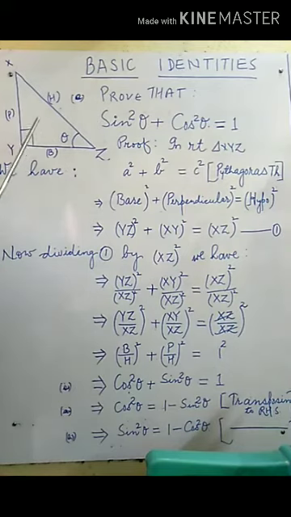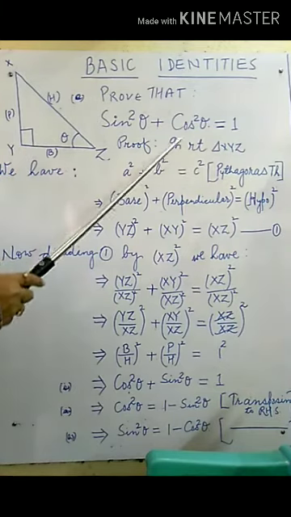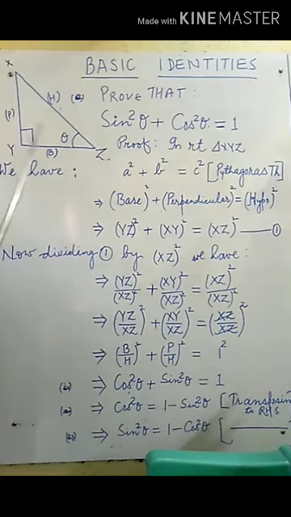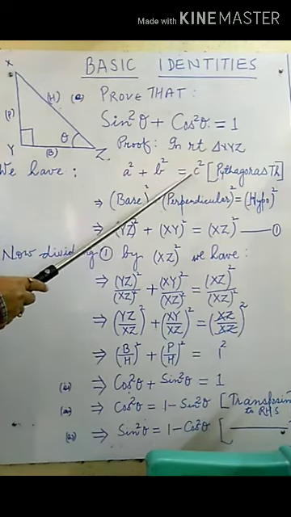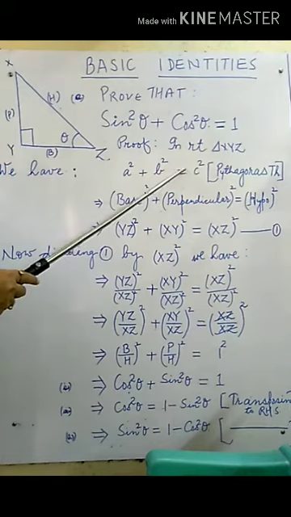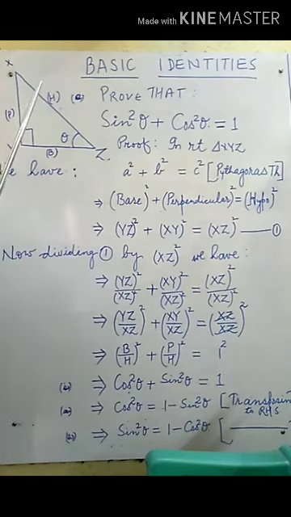And what is Pythagoras theorem here? In right angle triangle XYZ, a square plus b square equals c square. What is c here? C is the longest side of the right angle triangle, as we studied in class 9.